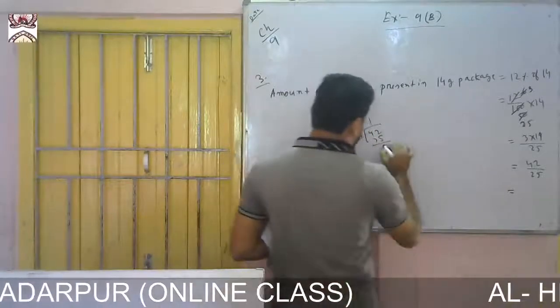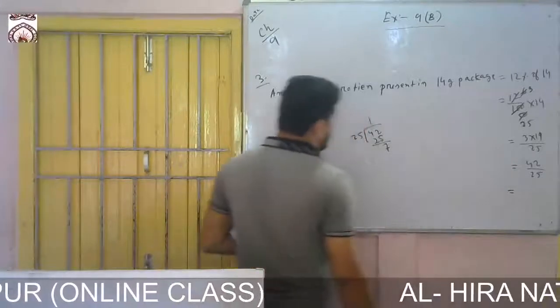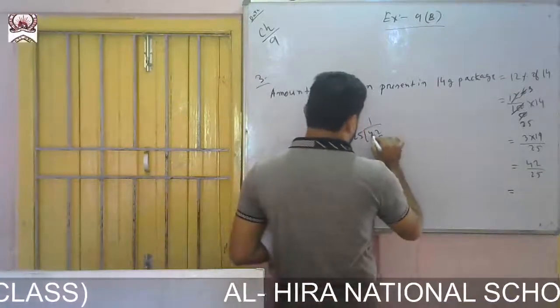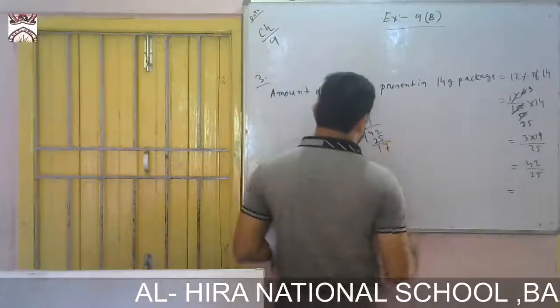Here, 12, 7. 3 minus 2 is 1. 17 is not possible.